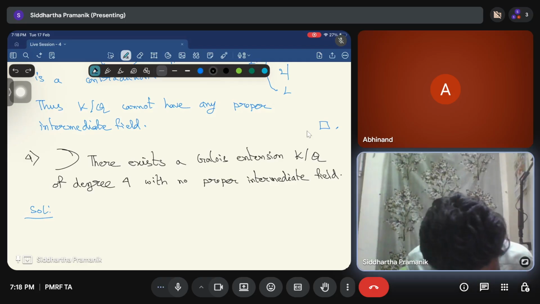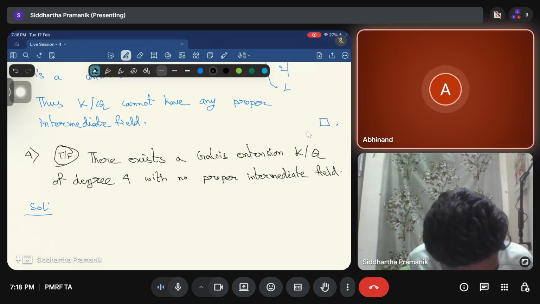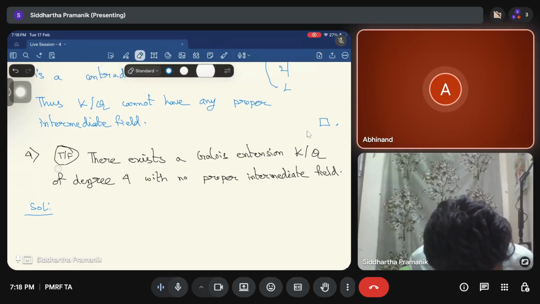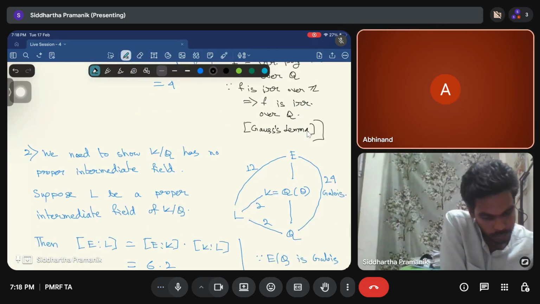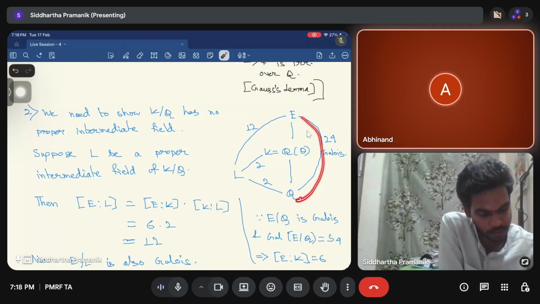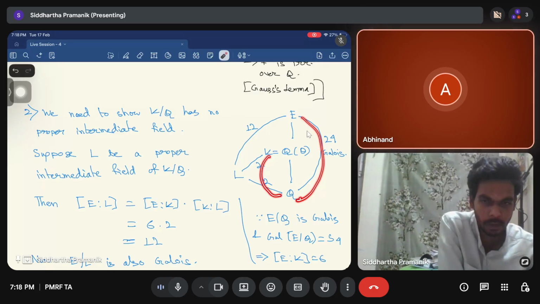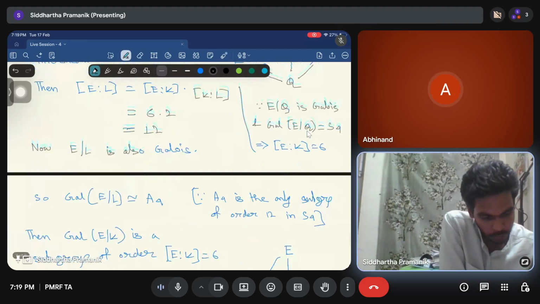No, actually we have not proved in the above example that K over Q is a Galois extension, right? We have only shown that E over Q is Galois. That does not mean K over Q is Galois. Oh, okay. We need to be careful.